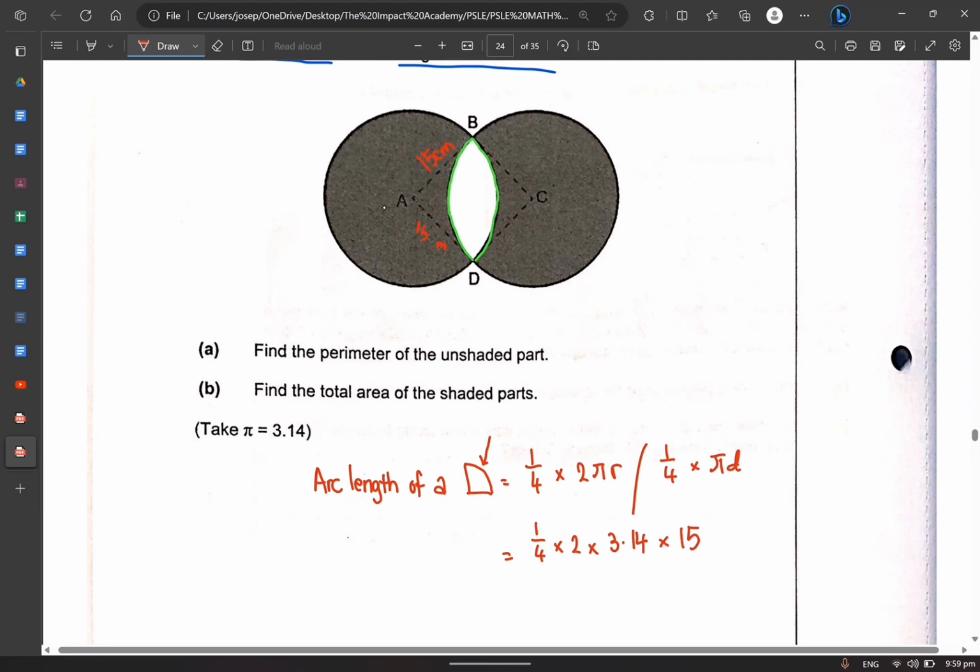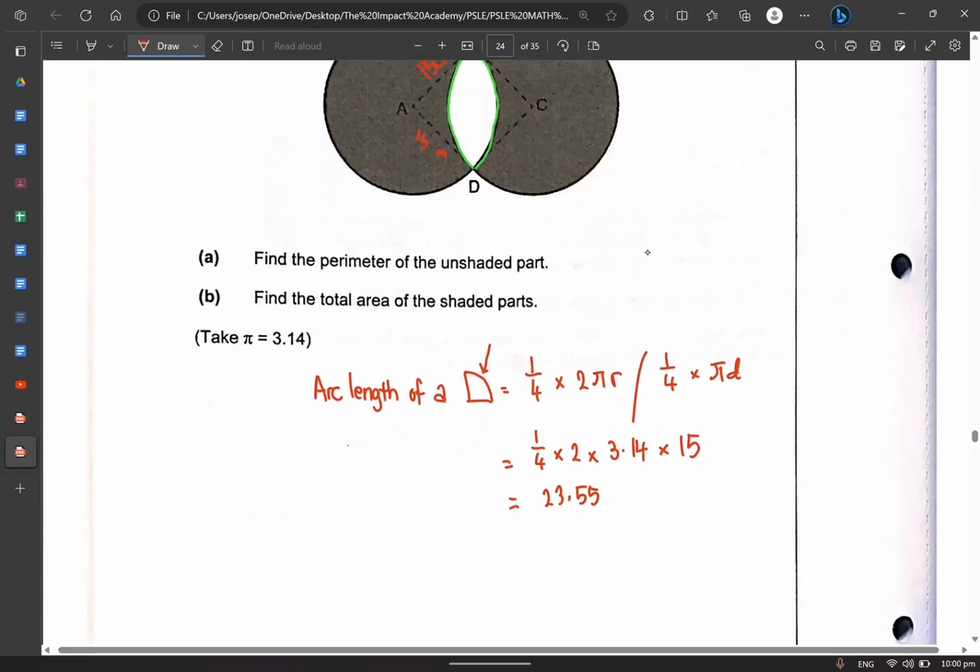Okay, so when you do something like this, you punch your calculator and you'll get an answer of 23.55. But this 23.55 is only from here to here. It's just one of them. So what you want to do is say that the perimeter of the unshaded part will then be 23.55 times 2.